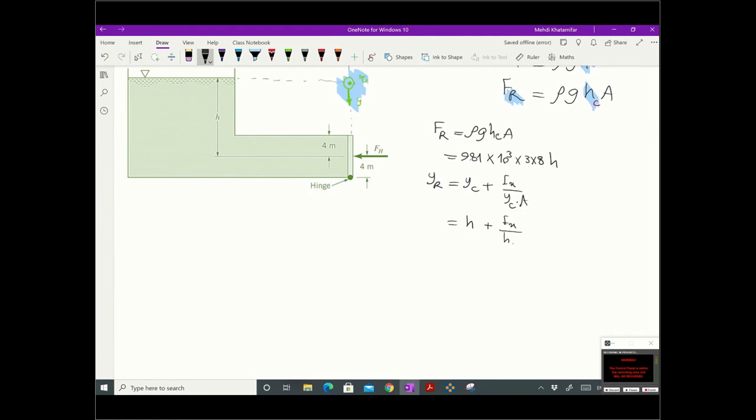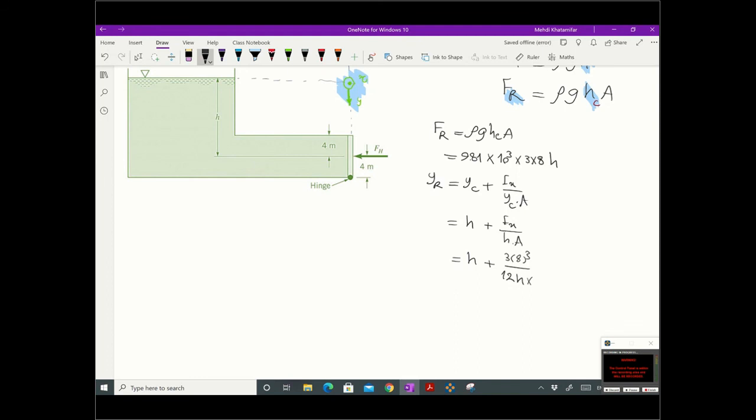Ix is going to be a times b power 3 divided by 12, where a is 3, b is 8, and we have h here, and we have area, which is 24.